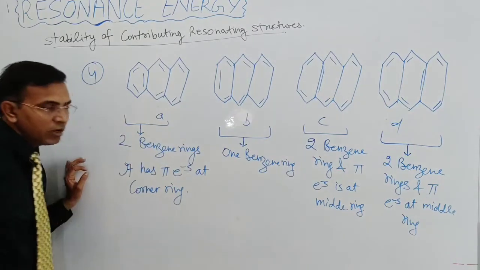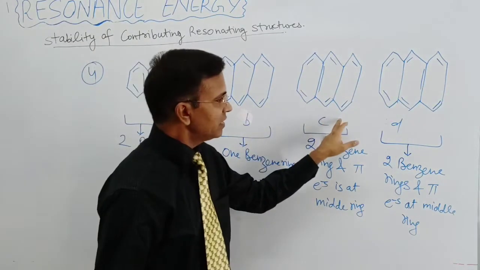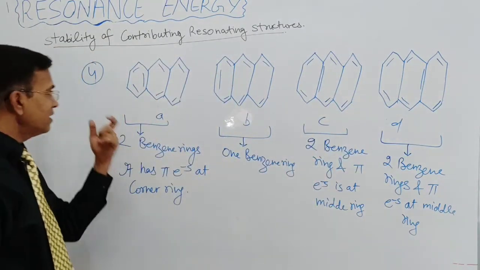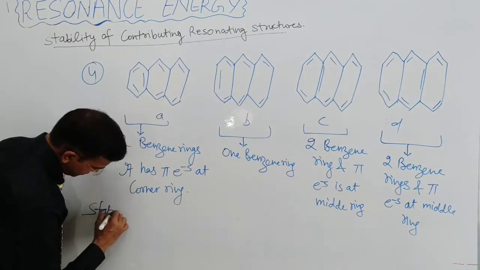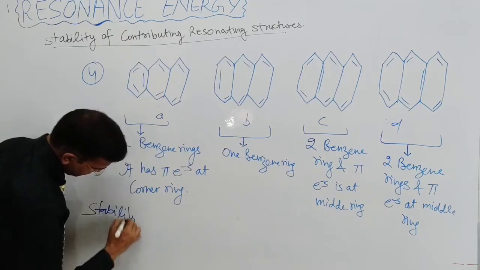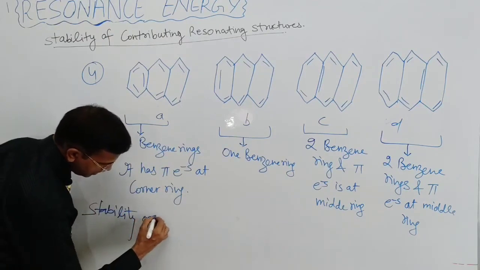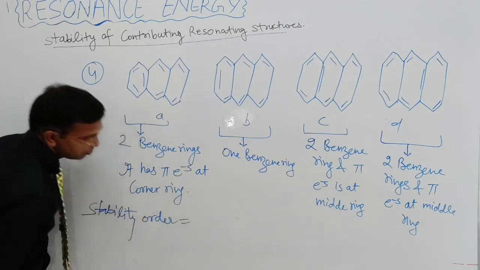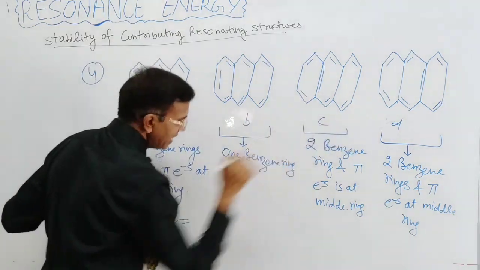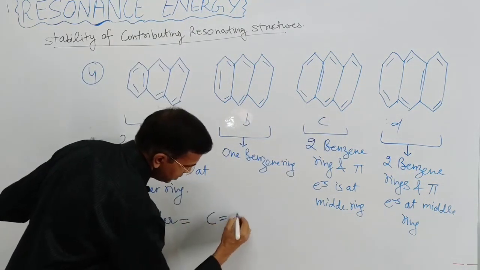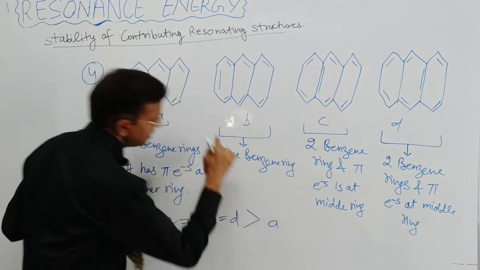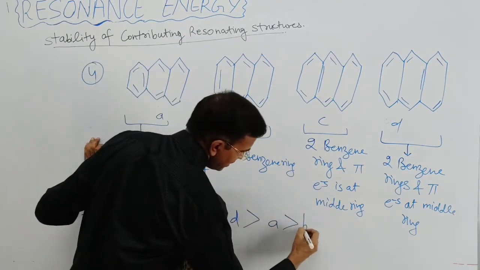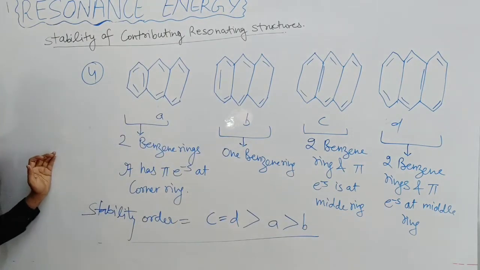So beta, more resonance takes place in C and D than A, than B. So the stability order is C equal to D, and then A, and then B. This is the stability order.